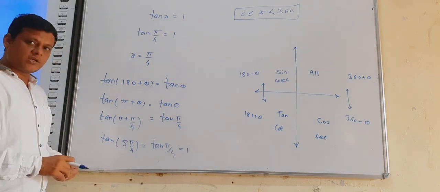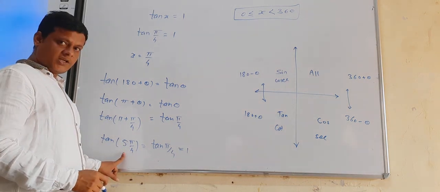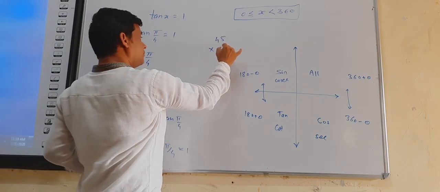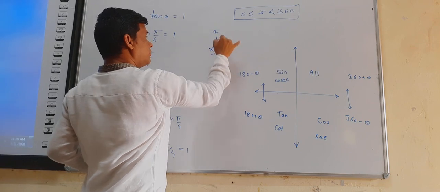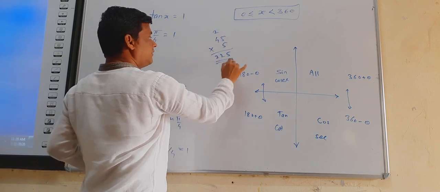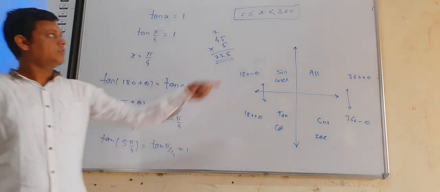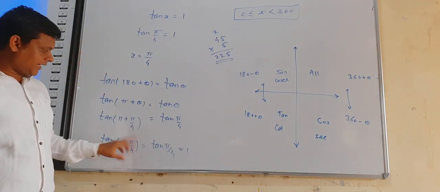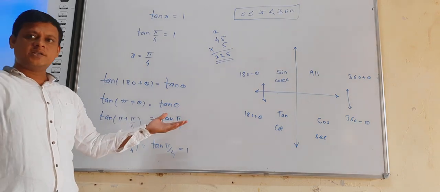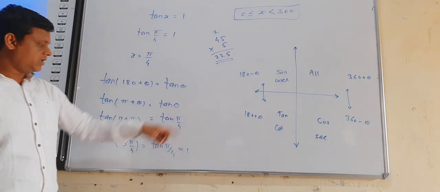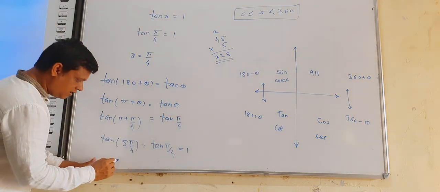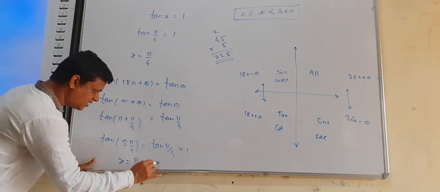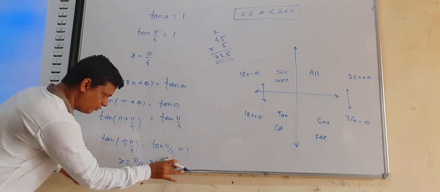So you can check pi by 4, that is 45, 45 into 5, 5 5s are 25, 5 4s are 20, that is 225, and 225 is less than 360. So our calculated value is not 360 or greater than 360. Therefore these are the principal solutions: x equals pi by 4, x equals 5 pi by 4.